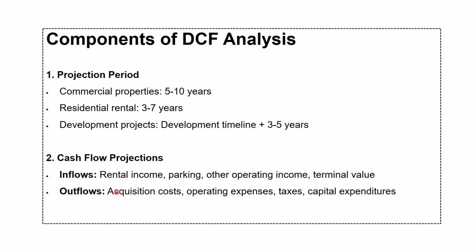The cash outflows would be acquisition cost, routine operating expenses, property taxes, capital expenditure, brokerage and leasing commissions, major renovations or upgrades, and management fees. So, that will be your outflows.